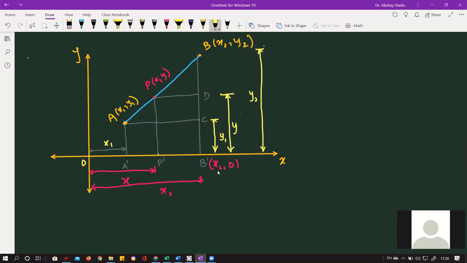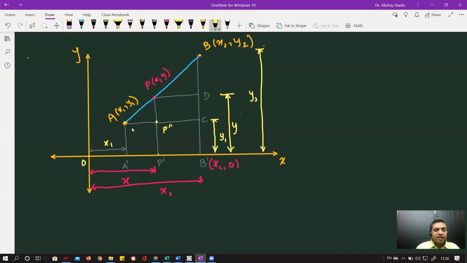So now, what I want is the coordinate of x and the coordinate of y. Now, if I look at this line AC with this point, what is this distance, AP double dash? Up to here, the distance is x, and up to here, the distance is x1.